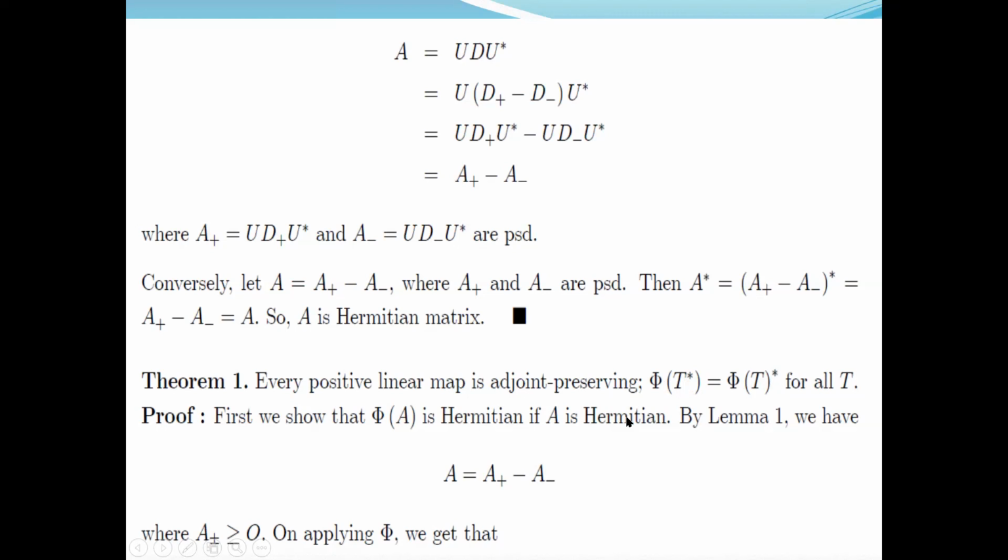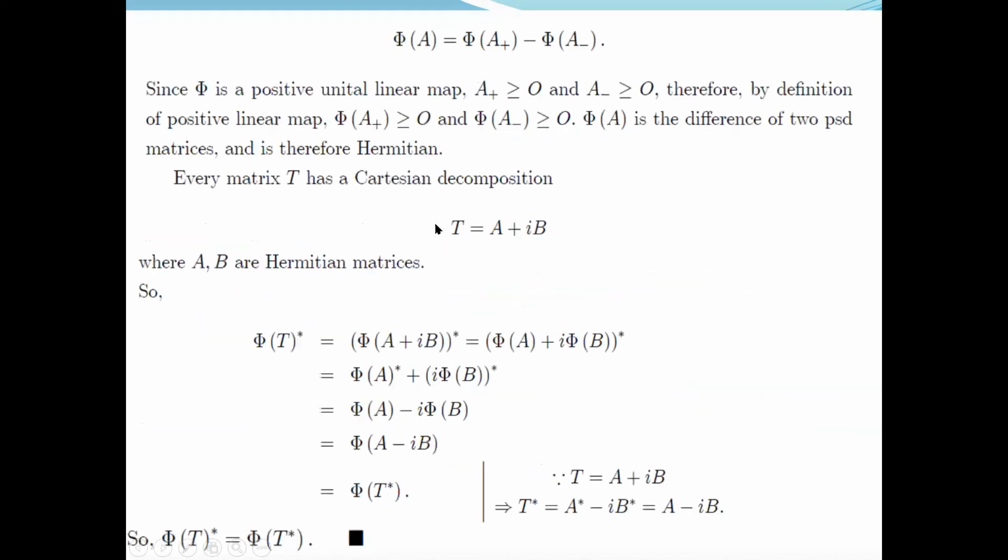Now we use this last lemma to prove this result. First we show that phi of A is Hermitian if A is Hermitian. By lemma 1, we have A equal to A plus minus A minus, where A plus and A minus are positive semi-definite matrices. On applying phi and using the linearity of phi, we have phi of A is equal to phi of A plus minus phi of A minus.